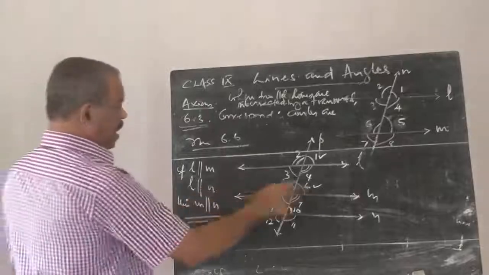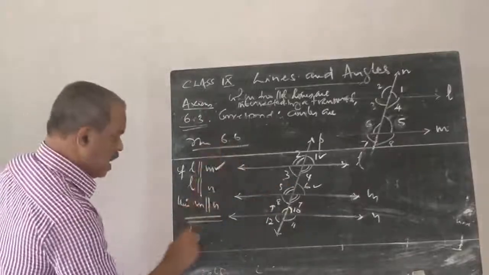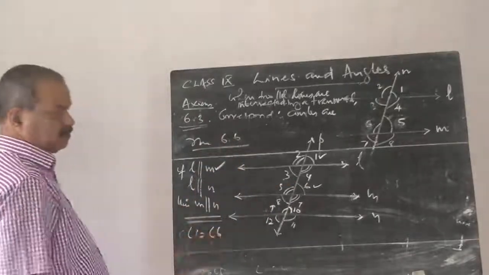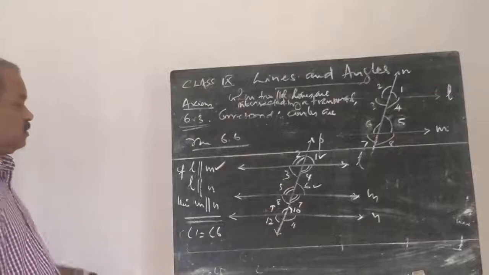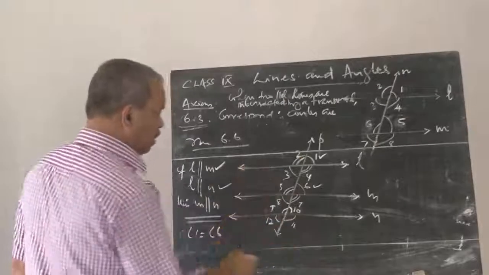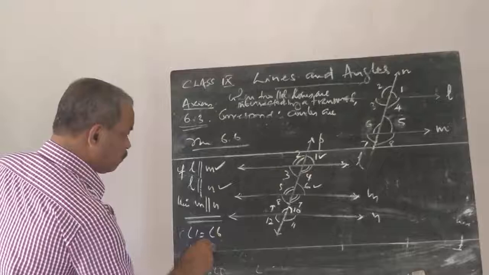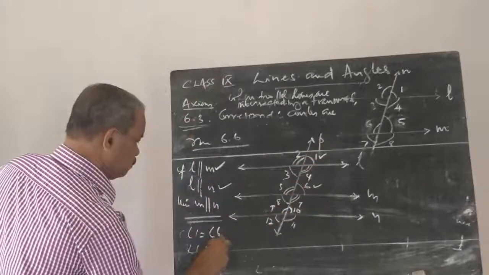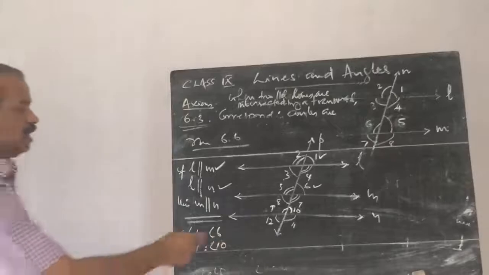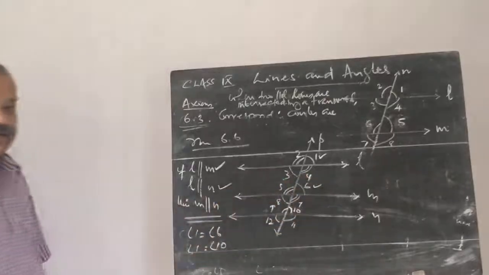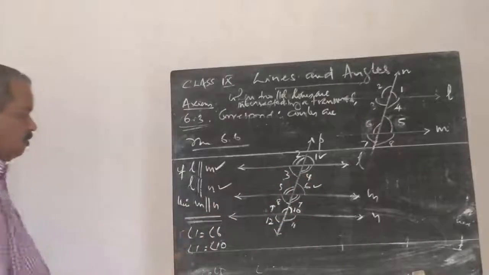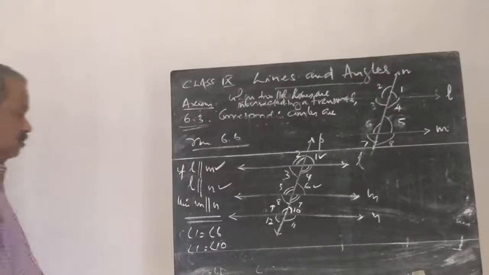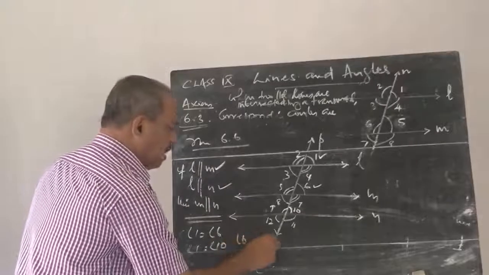Since L is parallel to M, angle 1 equals angle 6. Since L is parallel to N, angle 1 equals angle 10. Then what is the relation between angle 6 and angle 10? Angle 1 equals angle 6 and angle 1 equals angle 10, so angle 6 equals angle 10.